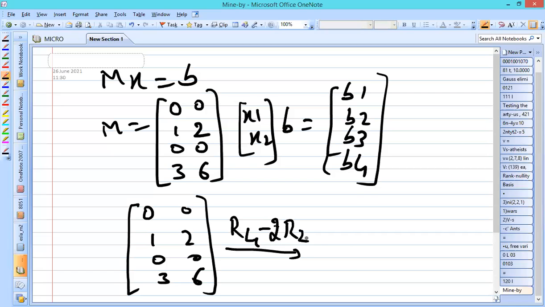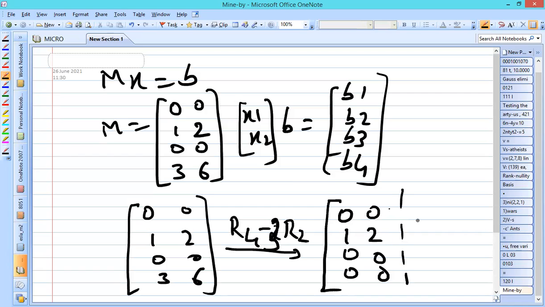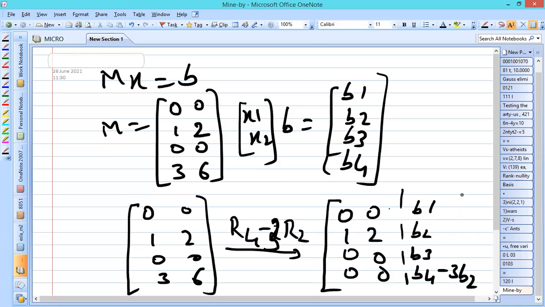If you perform R4 minus 3R2, it will result in the reduced form as 0, 0, 1, 2, 0, 0, 0, 0. And along with this, if you consider the elements B1, B2, B3, B4, here we'll have B1, B2, B3, and in the place of B4, we can write B4 minus 3B2. Right? So considering the augmented matrix, we can have this.